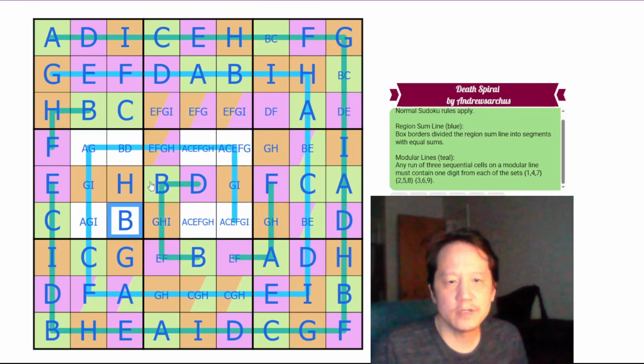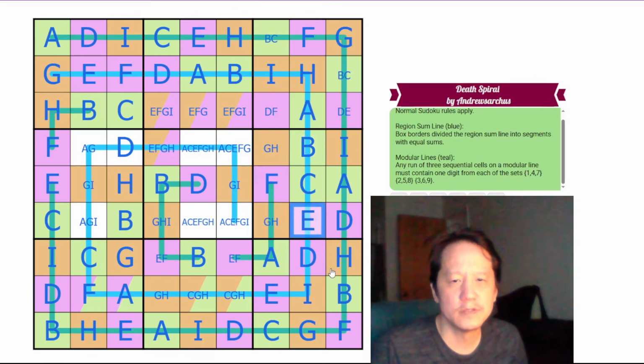D can't be here. This is B, that's D. So this is green. This cannot be green. It's pink. This cannot be pink. It's green. So this is B. This is E. No E here. No C here.